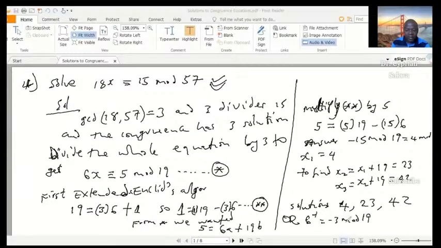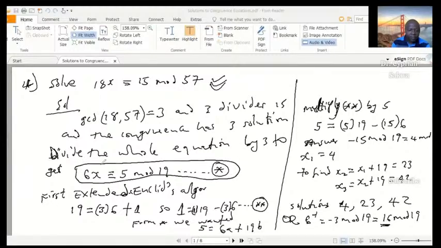And this -3, you can write in positive as 16 mod 19. Then multiply 16 by star. When you multiply 16 by 6x, you get x. Multiply 16 by 5, you get 80.